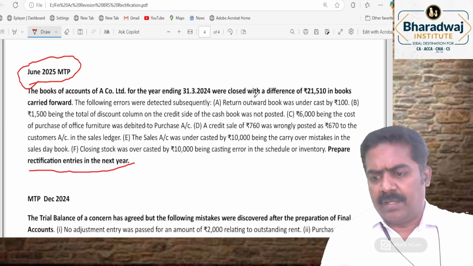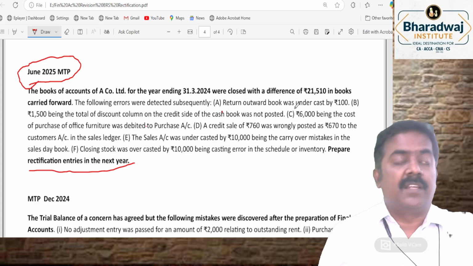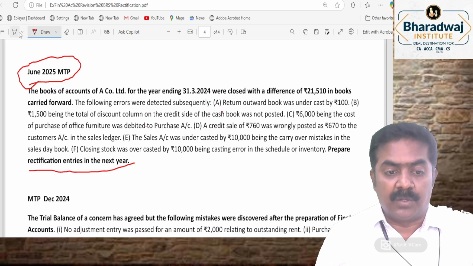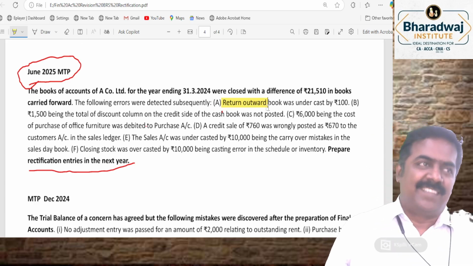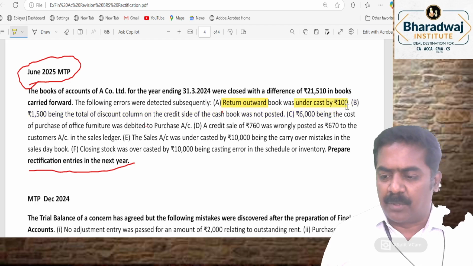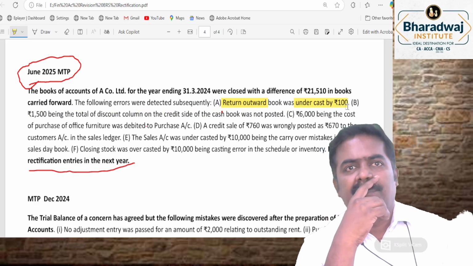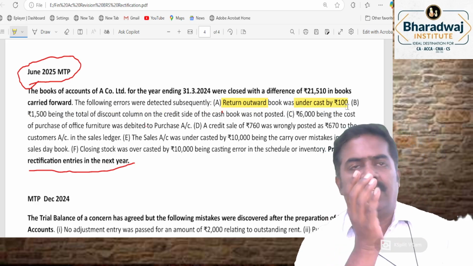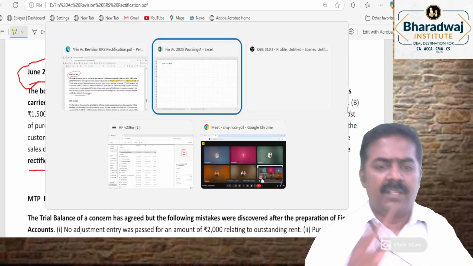Returns outward book, what is it? Purchase returns or sales returns? Sales returns will have a debit balance. Returns outward means purchase returns. Purchase returns will have which balance? Credit balance. In the credit we have entered a lesser amount, so we have to credit further.